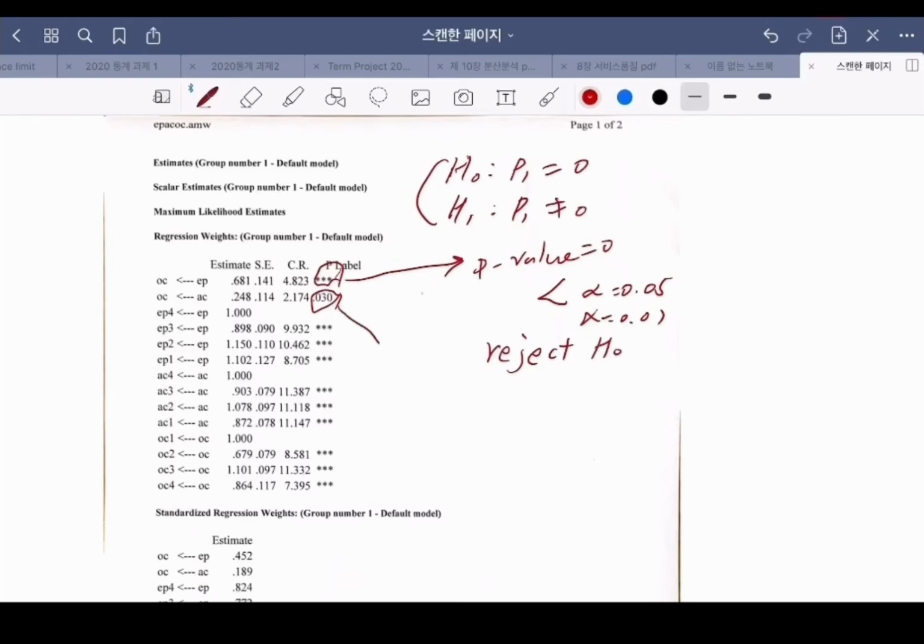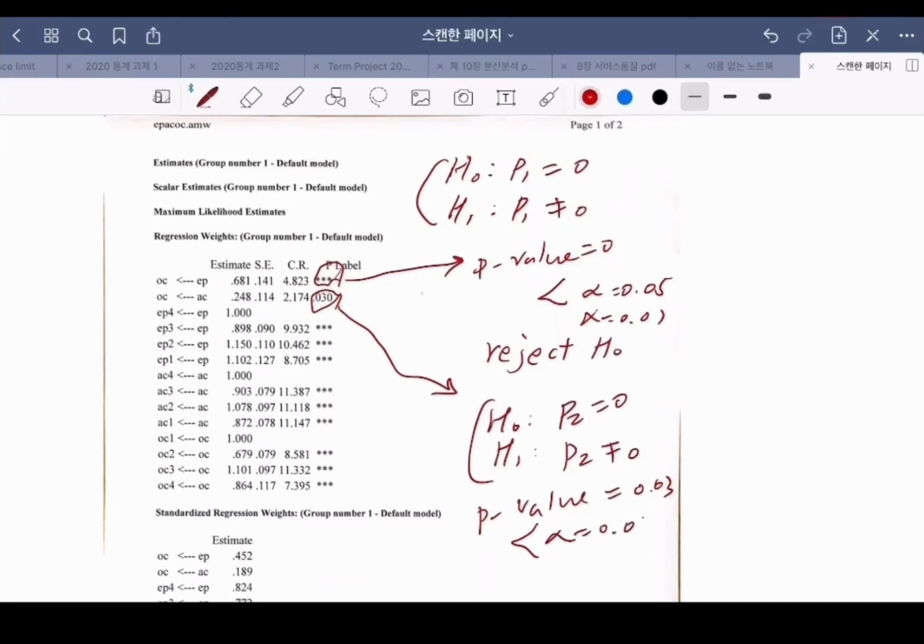Now this one: P2 is not equal to 0. The p-value is 0.03. If alpha is 0.05, you reject the hypothesis.